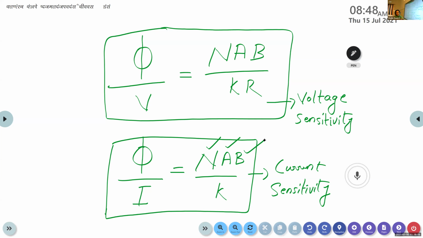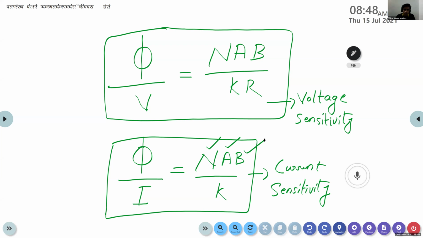Then what about the voltage sensitivity? What are the factors on which the voltage sensitivity depends? Yes, Vidur.